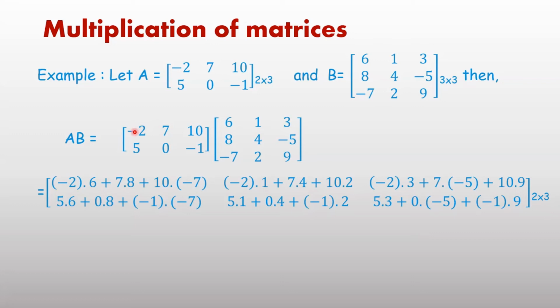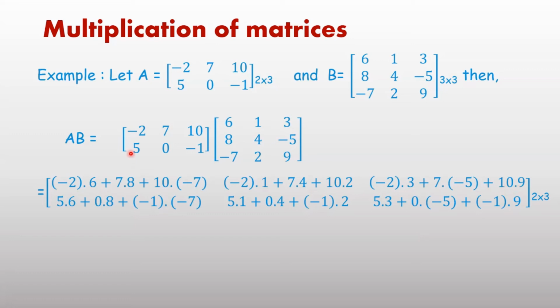Then, remaining on the first row, the first row with the second column gives the second element. Again, first row, third column: minus 2 into 3 plus 7 into minus 5 plus 10 into 9.